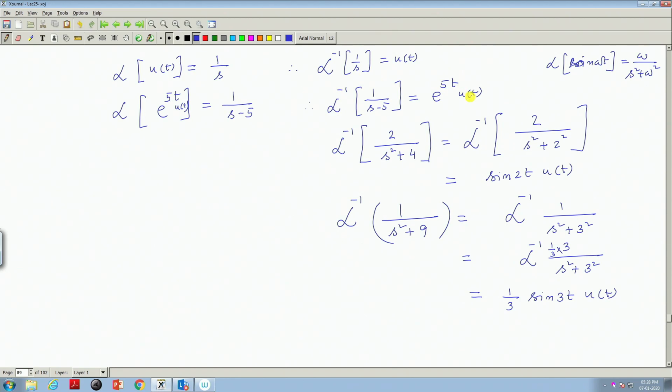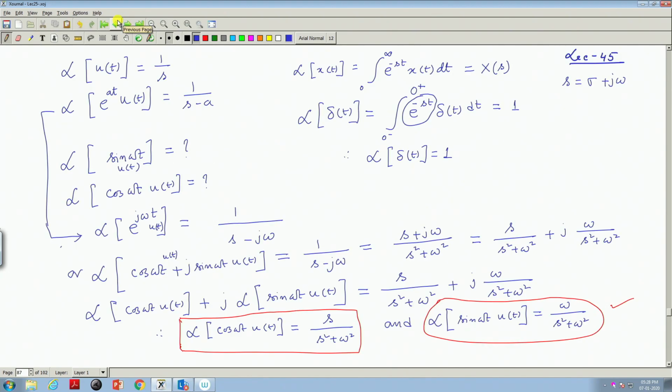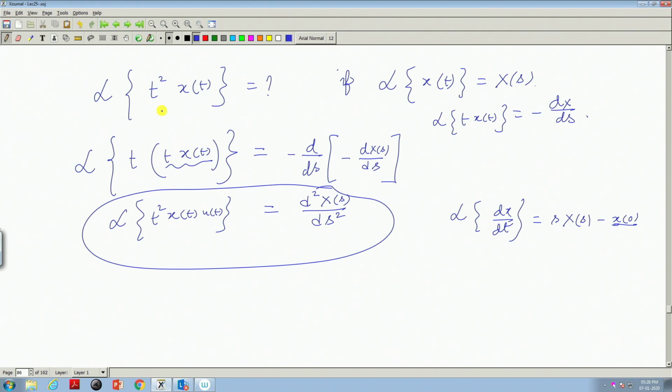If you have the function t into x(t), what is the Laplace transform of t into u(t)?